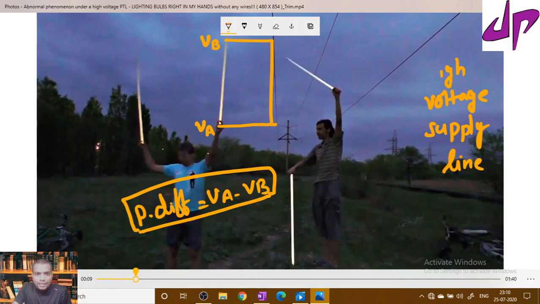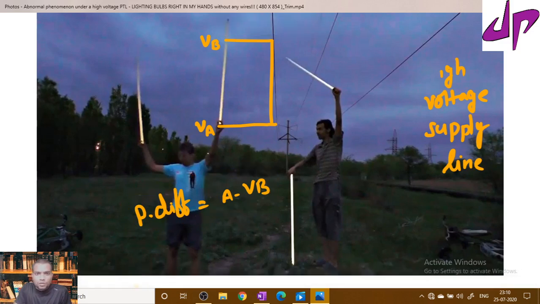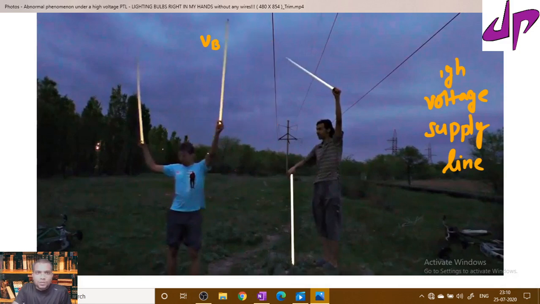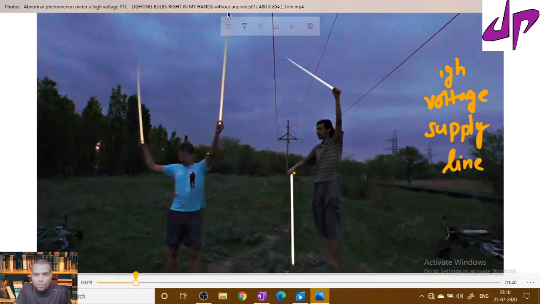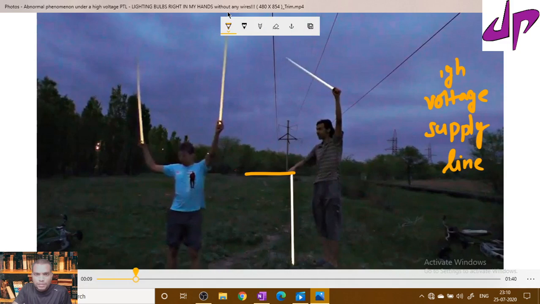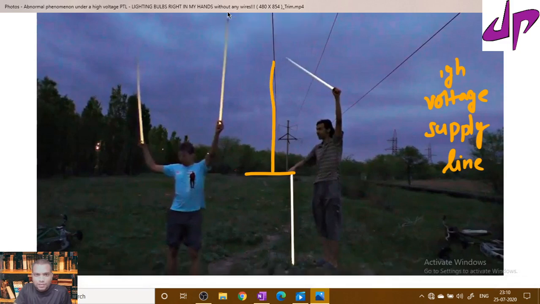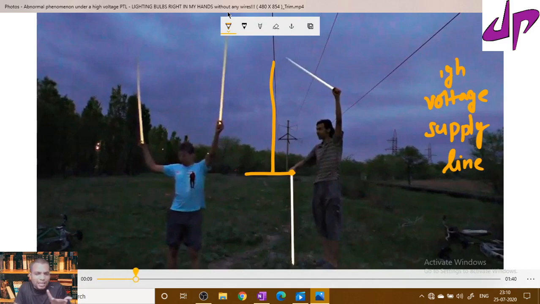So see here, the tube is kept under the line. If this is a vertical height from the top of the line, then this location is at a distance from the line.